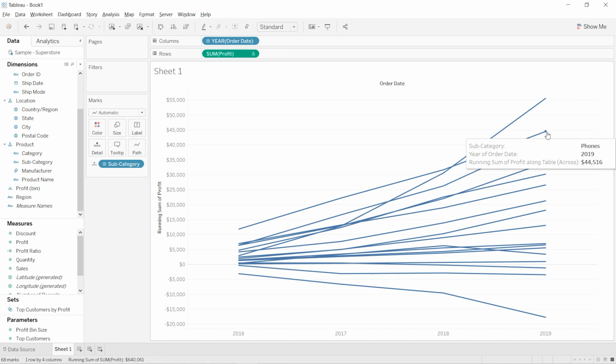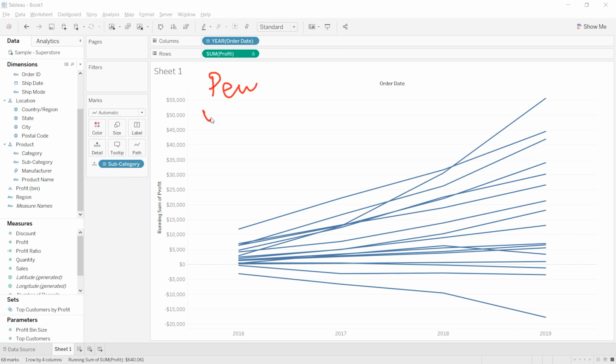So it is basically cumulative values, which keep on adding on top of one another. For instance, if I need to give you an example, let's say my product name was pen and my year one profit was 10,000, year two profit was maybe 8,000, and year three profit was maybe 12,000.